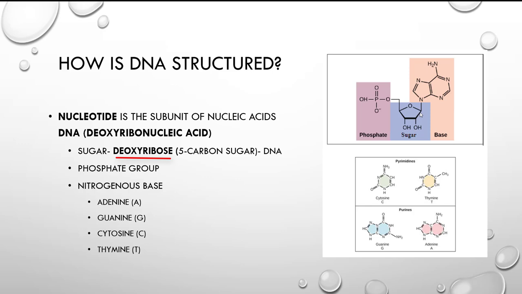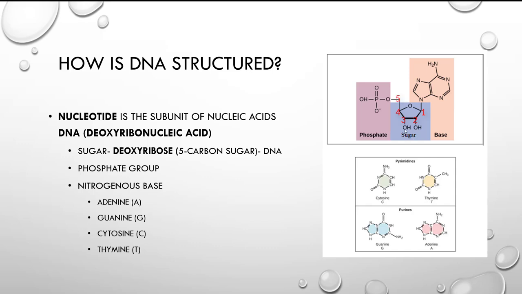If I was to label this, we would count the carbons, and you'll see how it's counted a little later, but we start at the oxygen and we go clockwise. So this would be the first carbon, the second carbon, the third carbon, the fourth carbon, and then the 5th carbon's up here.